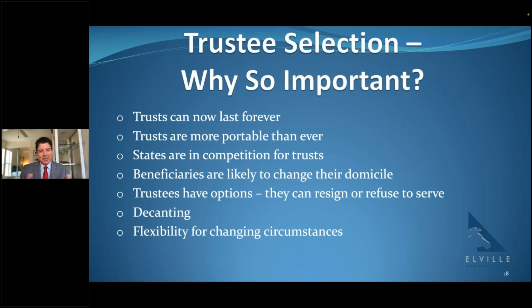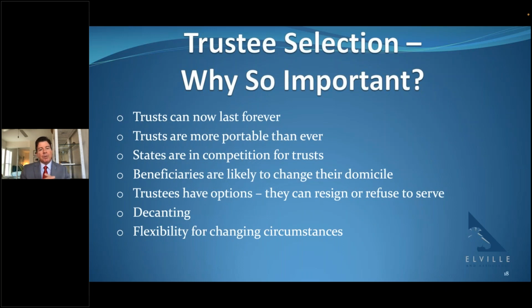Now, in all fairness, we don't have a lot of time to talk about trust protectors. It takes a little bit of time to get your mind around this if you've never heard about a trust protector. A trust protector is a special fiduciary that has the power of amendment. They can amend a trust, let's say a revocable trust, as to its administrative provisions or its tax provisions.